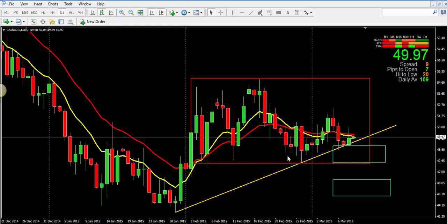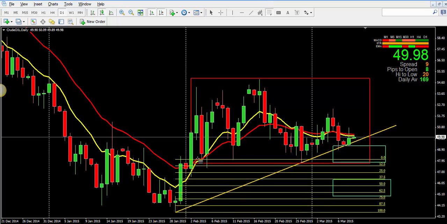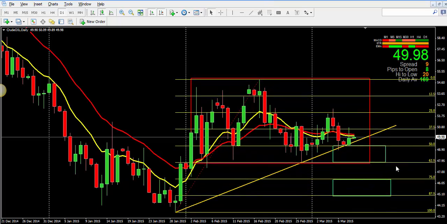Now let us identify why we should buy here. Number one, we've got a trend line support here, and the market came here and really bounced. Point number two, when I draw my Fibonacci levels, or my modified version of Fibonacci drawing tools, this is a good buy zone, and there's another buy zone coming ahead.